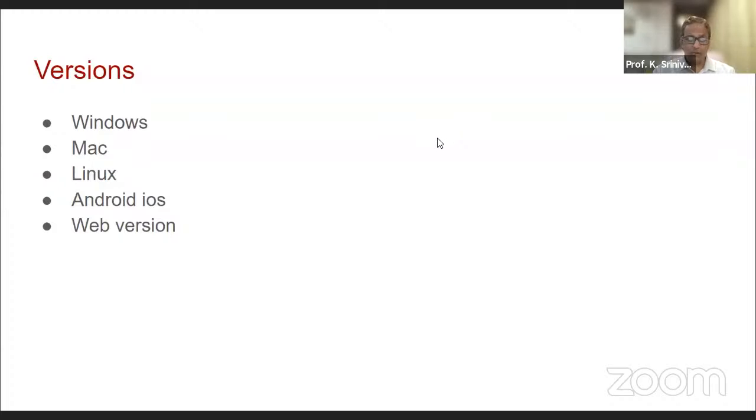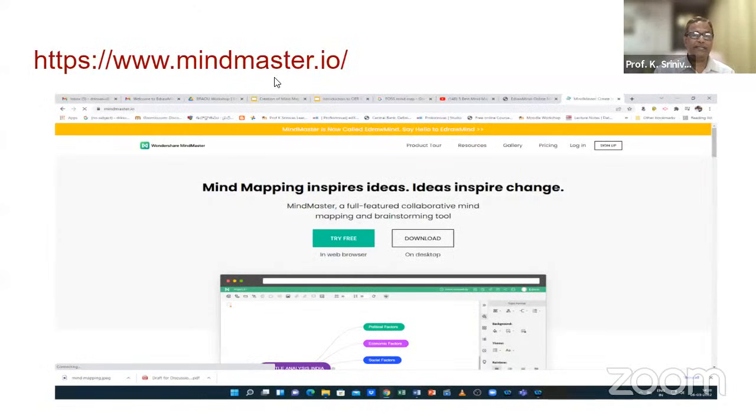And of course, you can use Windows, and there is a Mac version, a Linux version, an Android version, and of course a web version is also available. And I'm just going to run a small video. And of course, this is the software. If you go to mindmaster.io, let me write it down here.